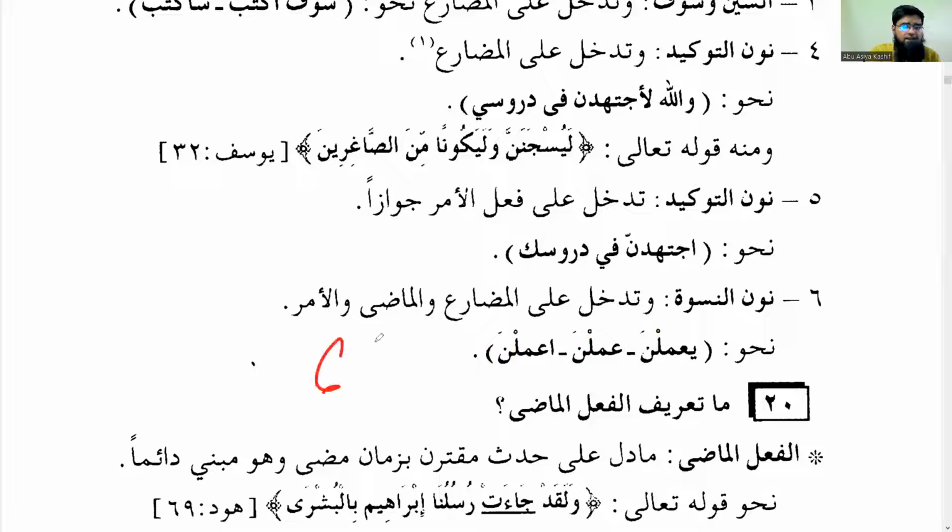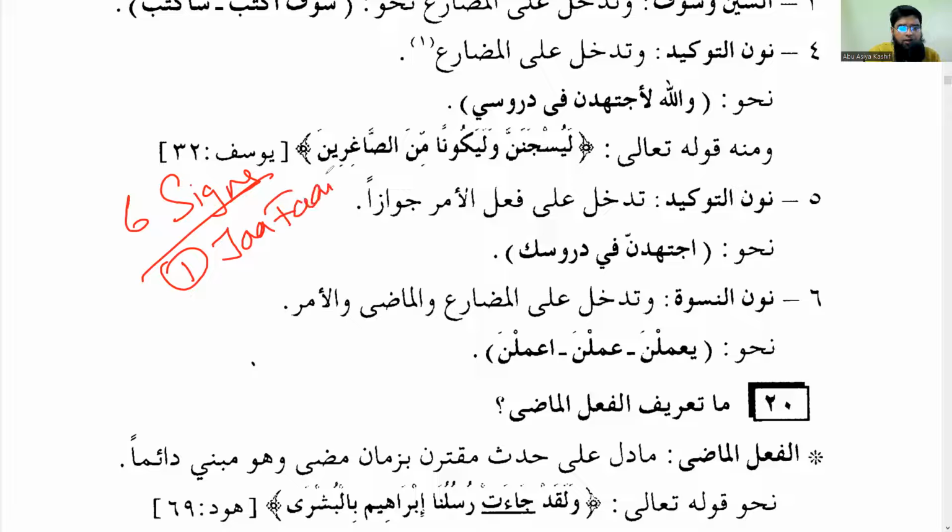So there are 6 signs which he gave, right? And what are those signs? The first one, ta'ul fa'il, ta of the doer. Correct? The second one was what?